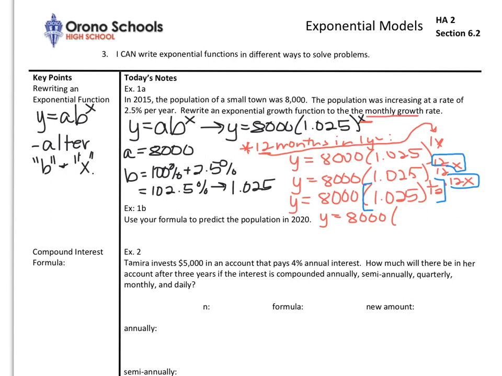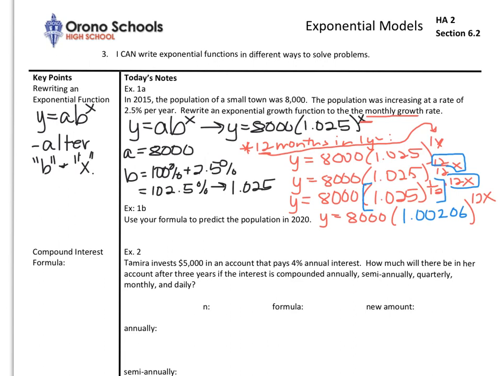Now if you look at 1.025 to the 1/12 power, enter that into your calculator. We still get a decimal, but it's a bit smaller than our original one. It's approximately 1.00206. And then we can keep that 12x power.